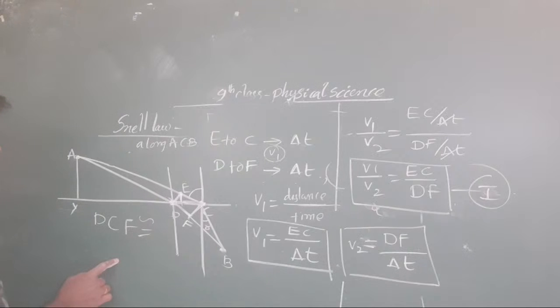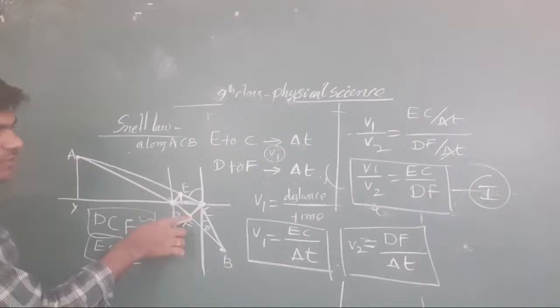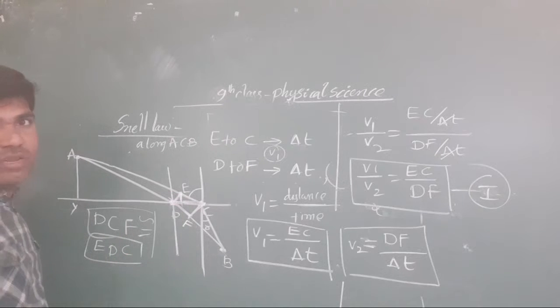DCF is similar to which triangle? EDC. These are similar triangles. That's why these distances are the same: DF is approximately equal to EC.